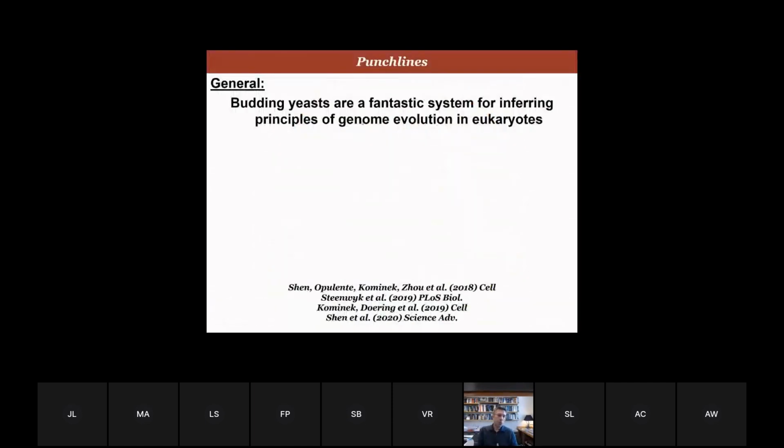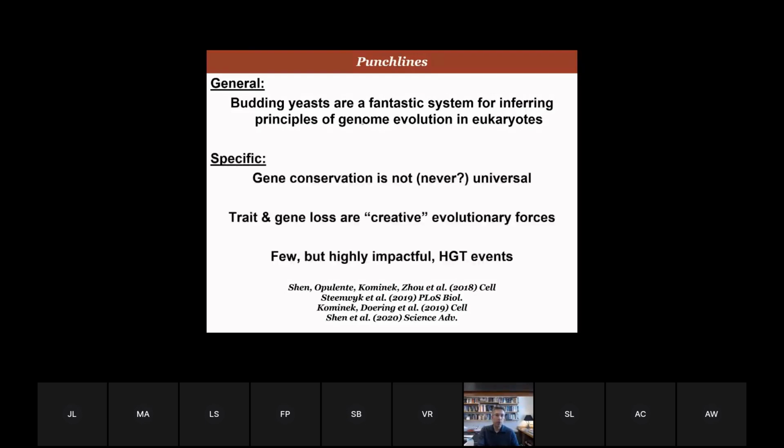And so we've been able to mine this data set. I don't want to focus too much on the biology of the system and the biological discoveries, so I'm just going to give you the punchlines and then talk about the technology side of things. But we really believe that budding yeast are a superb system for studying genome evolution in eukaryotes. Some of the insights that we've made over the years is that we see a lot of losses, not just of metabolic pathways, but also of fundamental pathways like DNA repair pathways.